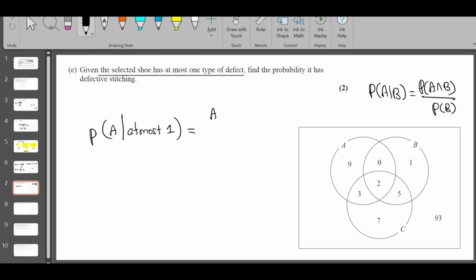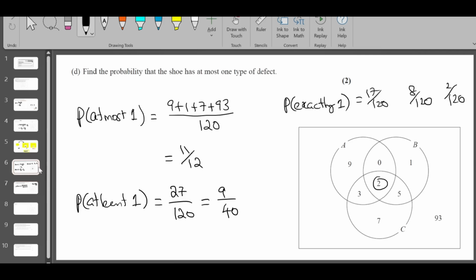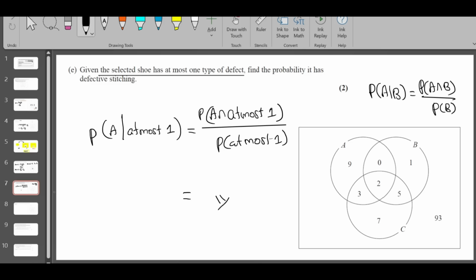So here A intersection at most 1, probability of this divided by probability of at most 1. We got the probability of at most 1 in the previous part actually, which is 11 over 12. So you put 11 over 12 in the denominator, 110 over 120. Why do you use 110 over 120? So it's easy to cancel 120. Now what is A intersection at most 1?